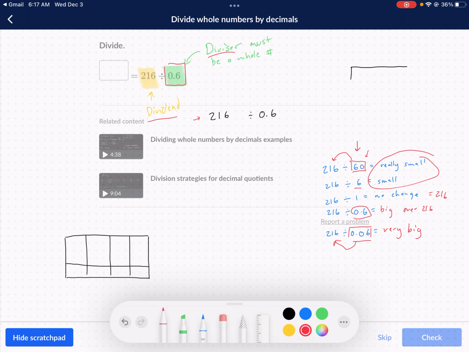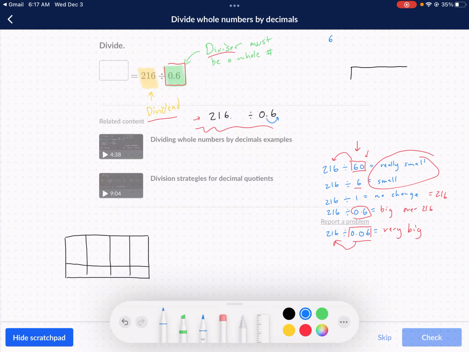So let's go back to our problem up here. If we wanted to change 0.6 to become a whole number, that means we need to move that decimal over. If we move that decimal over, this no longer becomes 0.6, but it becomes 6.0, which we can just write as 6. So we have our mission accomplished, but we can't just make it 216 divided by 6. That changes the problem.